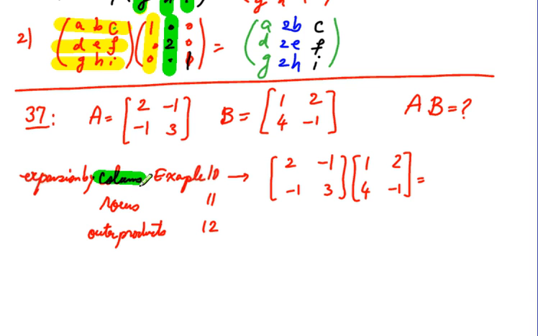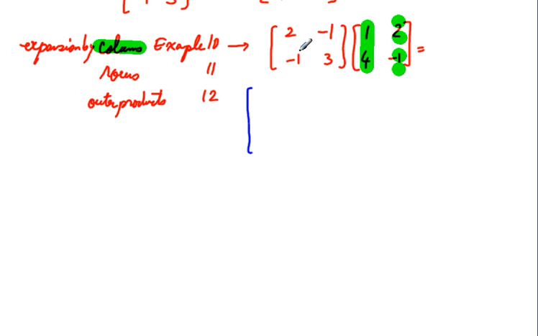Expansion by columns means you take this entire matrix, multiply by this column, and then once you are done with that, you go through the next column and so on. So let's go ahead and just perform this. The notation that the book uses is, let me tell you what I'm going to do.